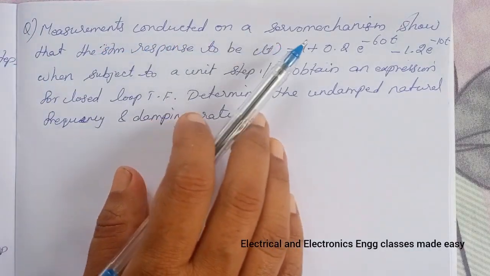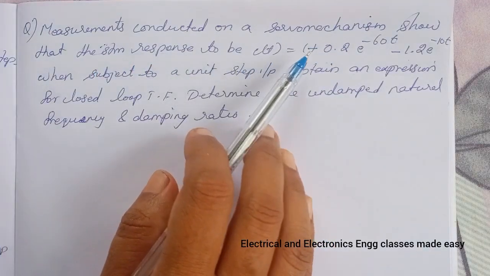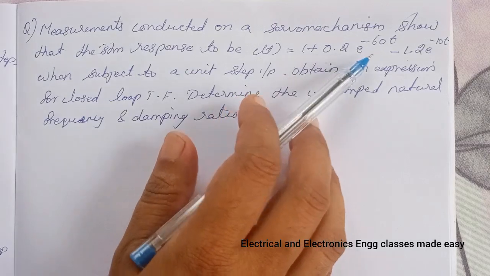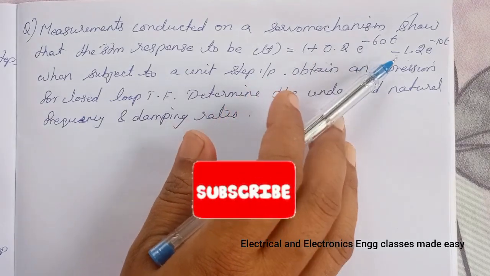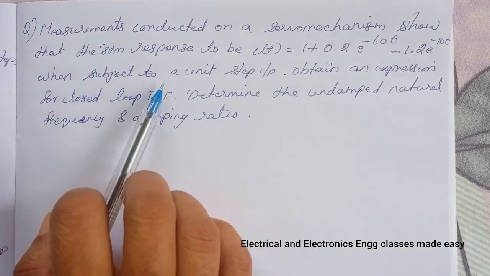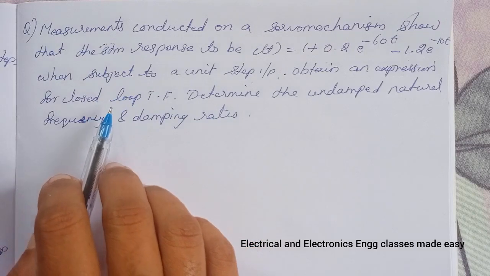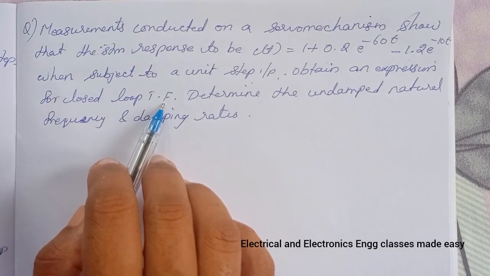Measurements conducted on a servo mechanism show that the system response C of t is equal to 1 plus 0.2 e raised to minus 60t minus 1.2 e raised to minus 10t when subject to a unit step input. Obtain an expression for closed loop transfer function.